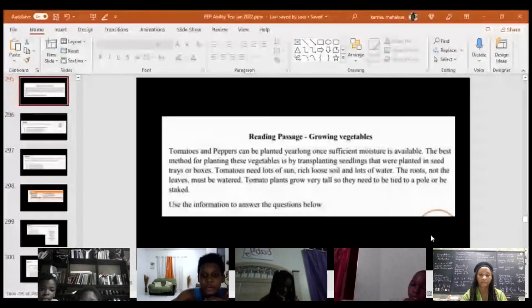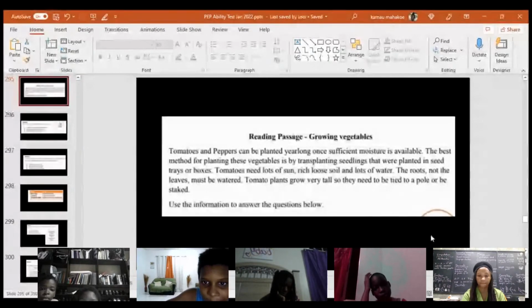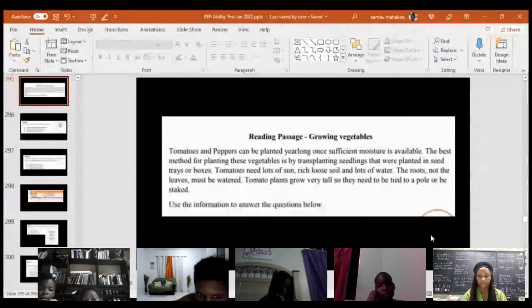Reading passage, growing vegetables. Tomatoes and peppers can be planted year-long once sufficient moisture is available. The best method for planting these vegetables is by transplanting seedlings that were planted in seed trays or boxes.